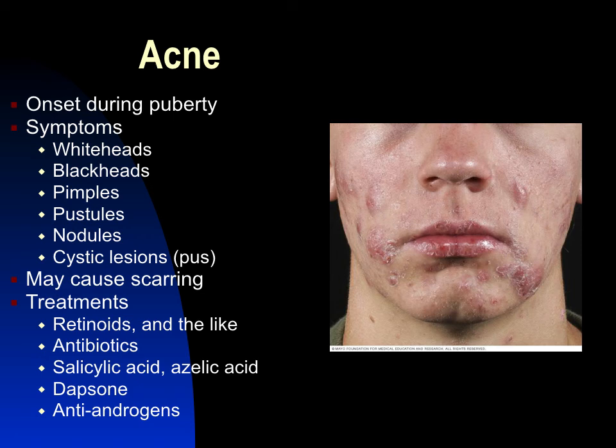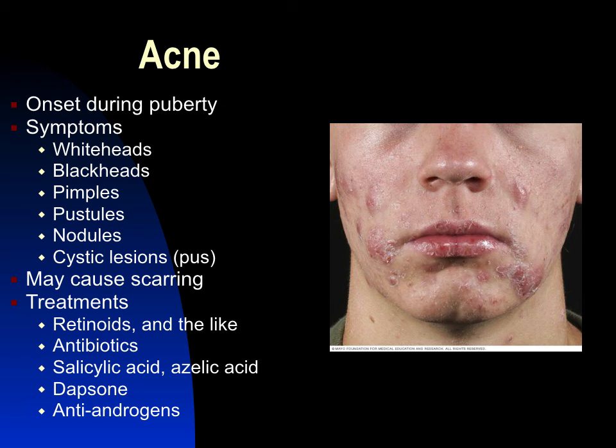Okay, acne onsets during puberty. There's lots of different manifestations of acne depending upon the involvement. We go from individual whiteheads or blackheads, types of pimples, to cystic nodules, like you see here, where you have several things that are grouped together.